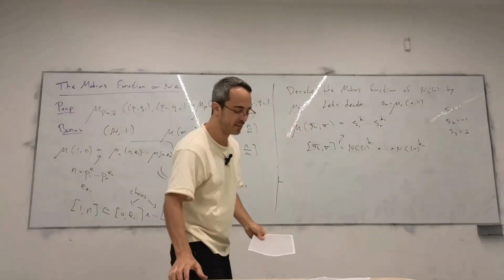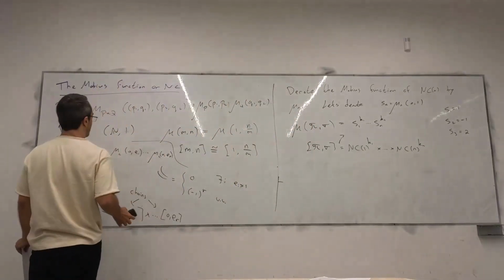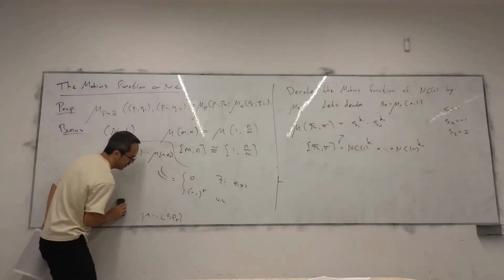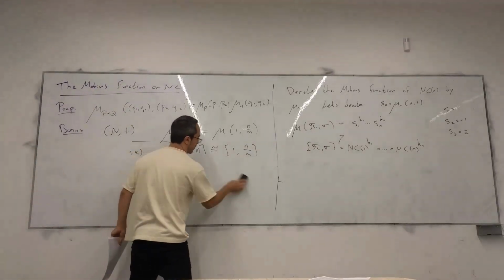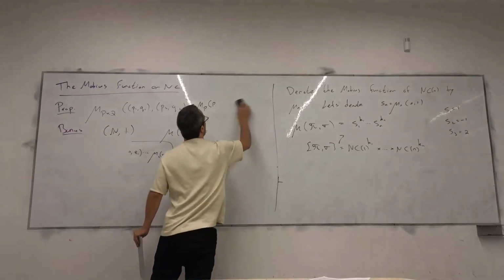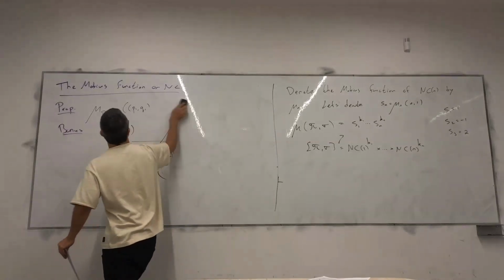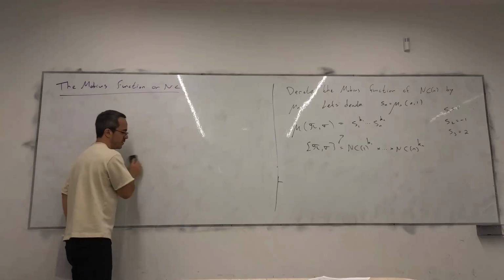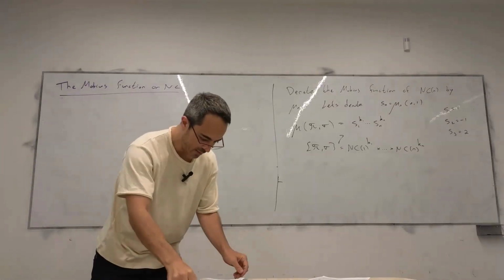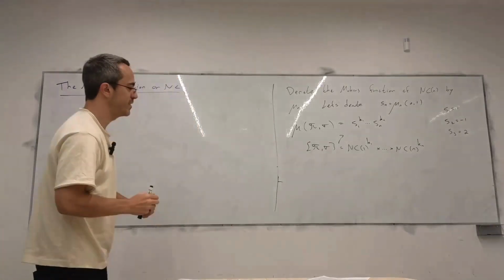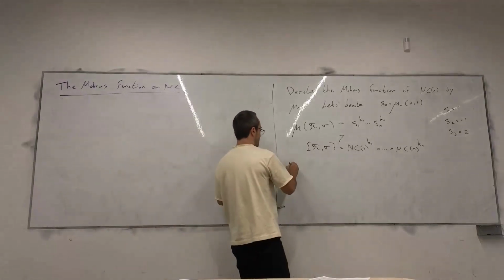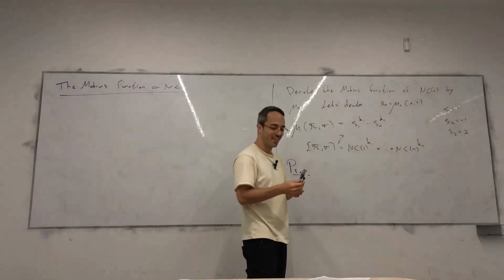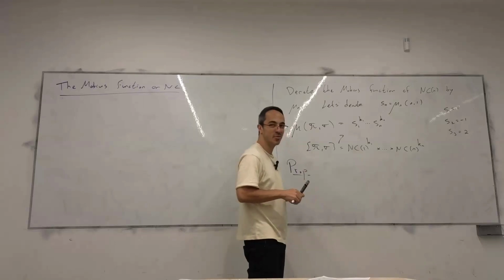Good. So let's compute the Sn's. Now here comes the fun part. Any guess about what Sn should be? Right, there's only one thing that's free.